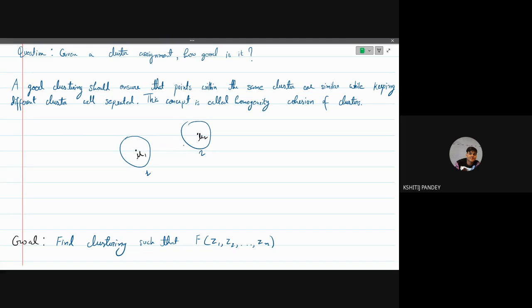So for points belonging to the same cluster, let's say we are talking about this point belonging to cluster 1, the distance between the point and the mean of its cluster will be less than the distance between the point and the mean of the other cluster. So is this idea clear?